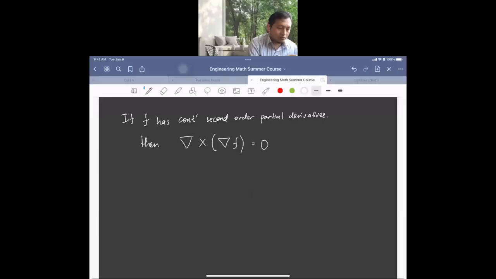Zero vector. Or we can say this is the curl of the gradient vector of f, so it's zero. Or we can say the curl of its gradient is the zero vector.